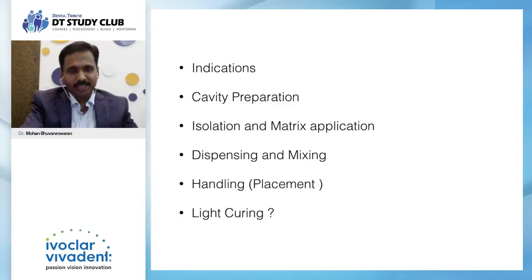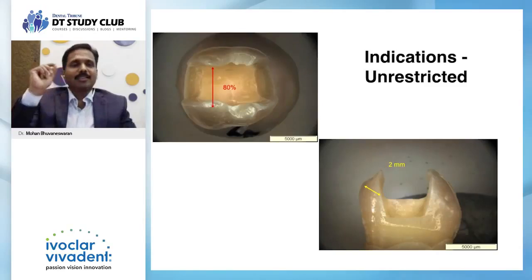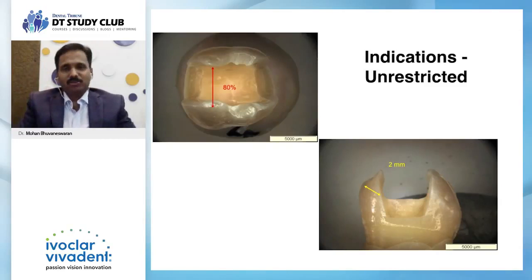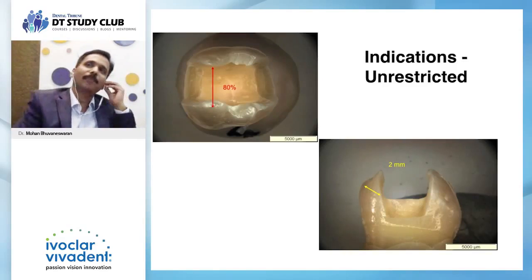Now let's move on to indications. Unrestricted indications. Wow, looks good, but that doesn't mean you compromise on the tooth. When we read Sturdevant and Marzouk, it gives resistance form and retention form.